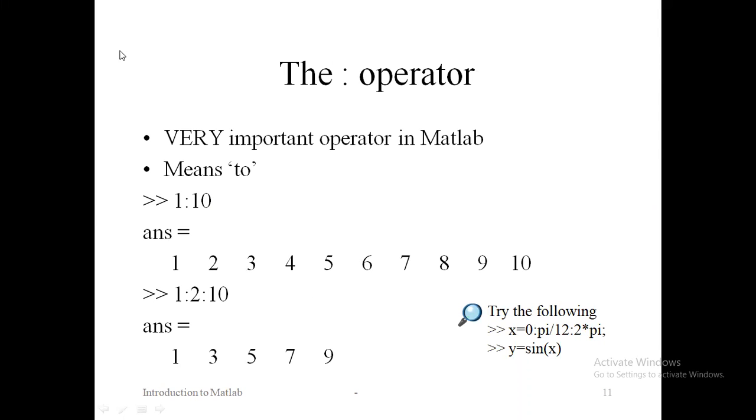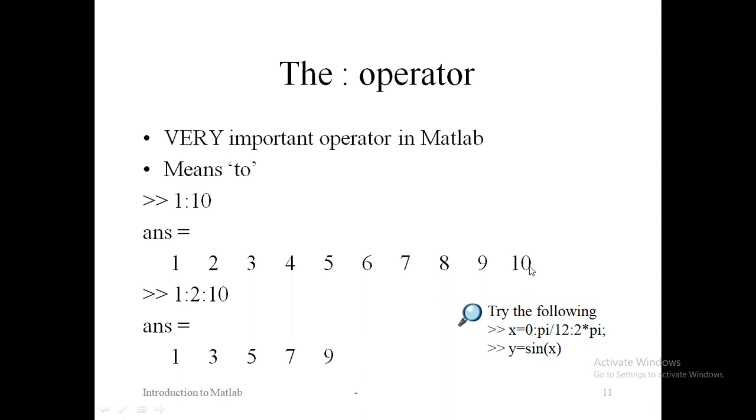So let us talk about some operators. Suppose you want to write the numbers 1 to 10; then you write it like this, and MATLAB will denote the numbers 1 to 10.